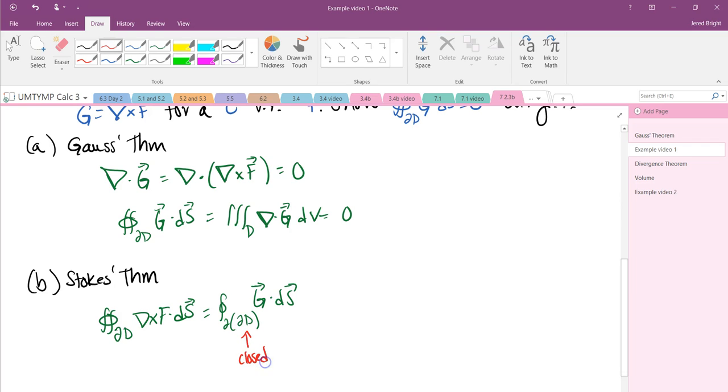So what's the boundary of a closed surface? The boundary of a boundary, if the surface is closed, is just 0, actually the empty set. So then we're taking the integral over an empty set, which is 0. A nice little application that might come in useful.